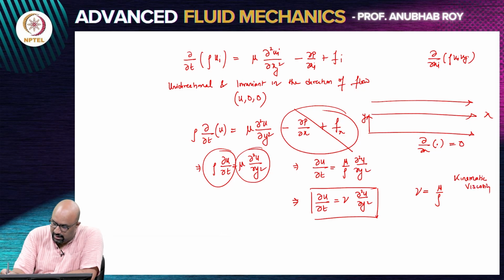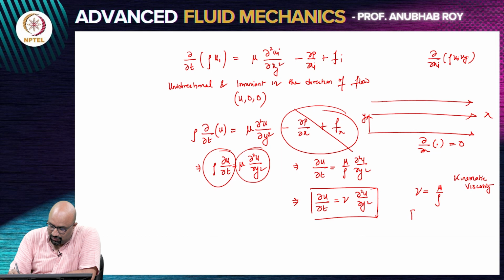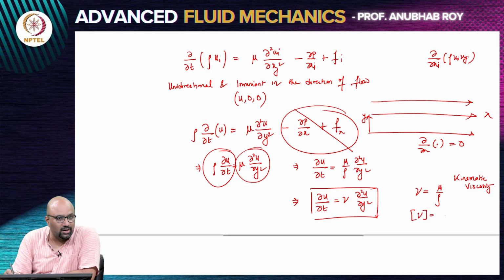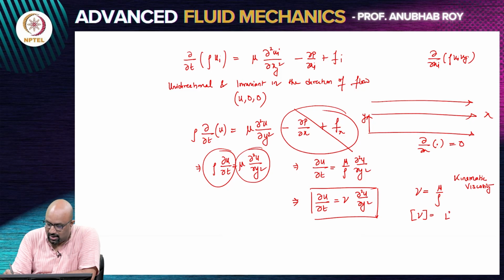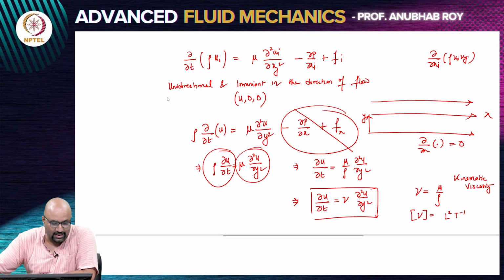We have already encountered this earlier, where I emphasized the terminology of kinematic, because if you check the dimension of this quantity, the dimension was length squared per unit time. There is no mass involved in the dimension of kinematic viscosity. So, this has dimensions of pure kinematic quantities, which are length and time.